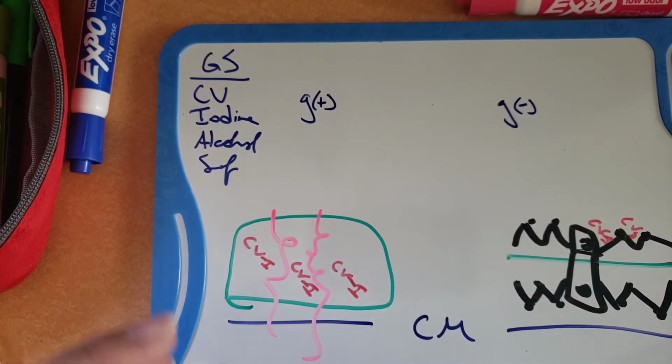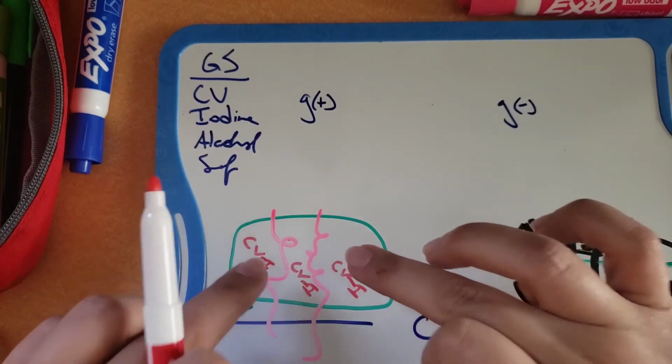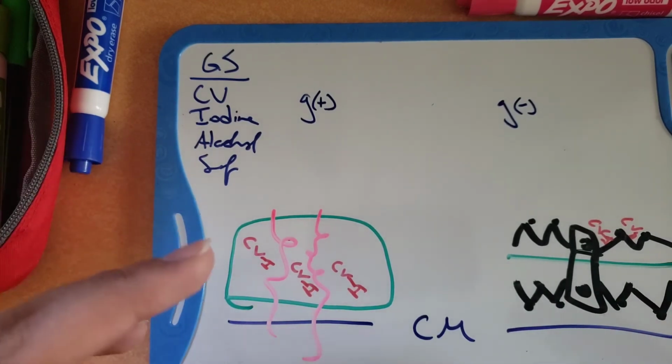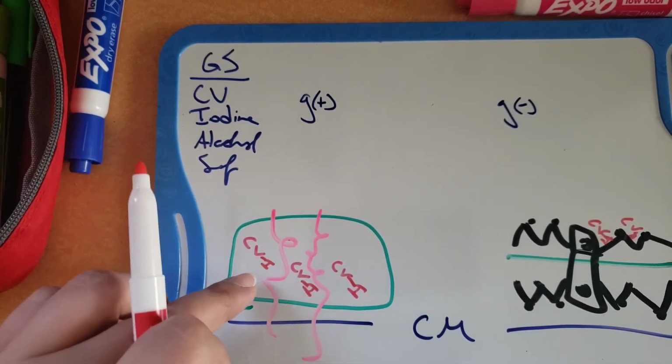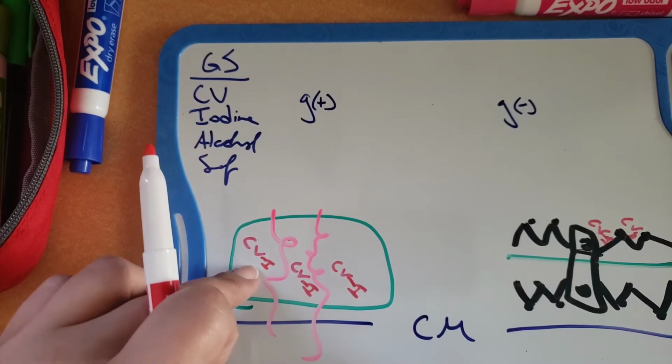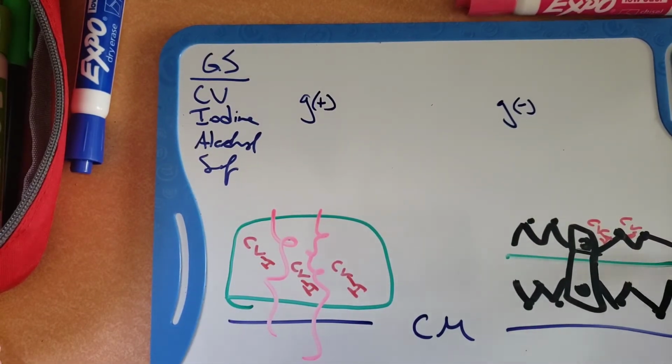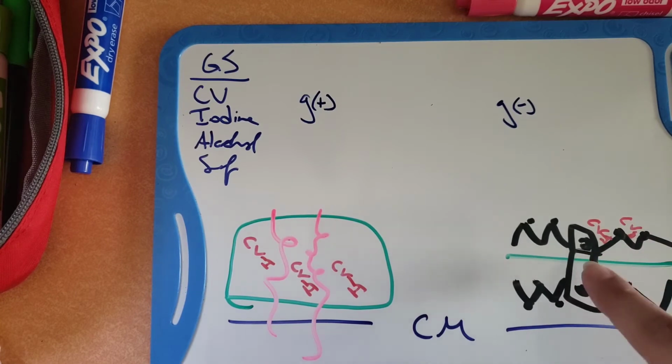Basically what iodine does is when it makes that complex, it's called the mordant, which fixes the crystal violet into the cells. So the iodine and the crystal violet will make this complex so that it will not be able to leave the peptidoglycan of gram positive. In the gram negative, it gets stuck in the lipopolysaccharide layer.